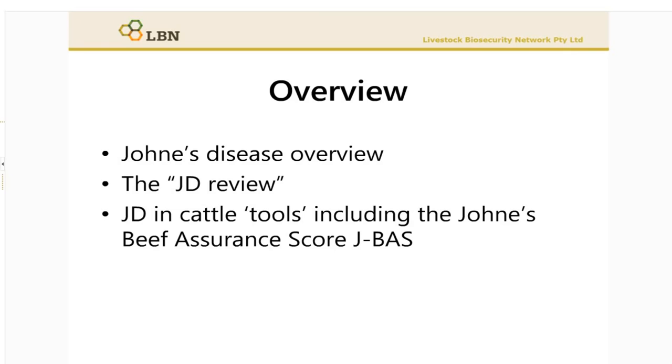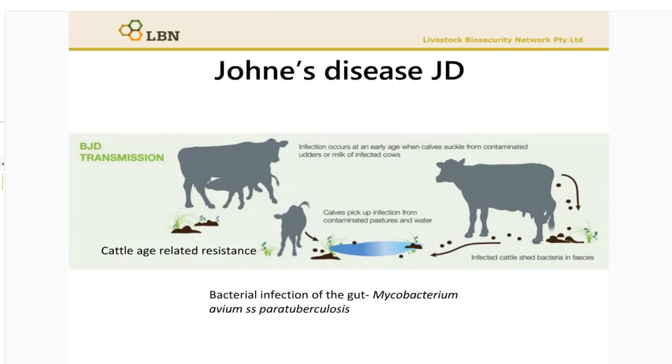So let's do a bit of revision, or learn a little bit about Johne's disease. Johne's disease is caused by a mycobacteria, Mycobacterium avium subspecies paratuberculosis, and it is basically spread by the fecal oral route.